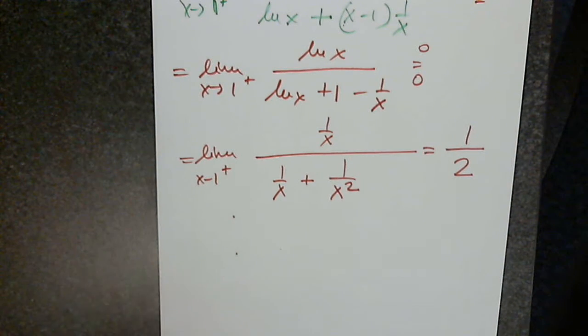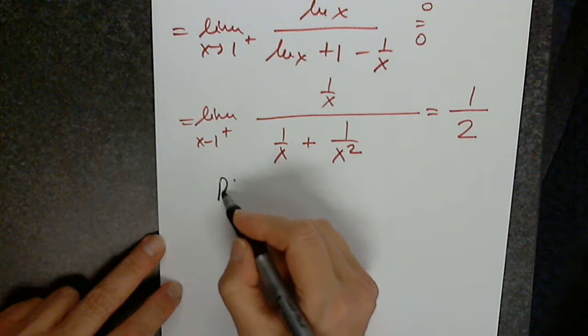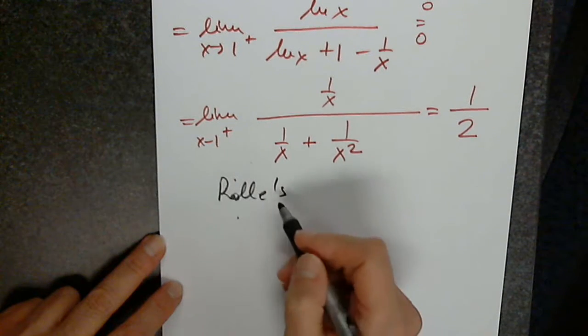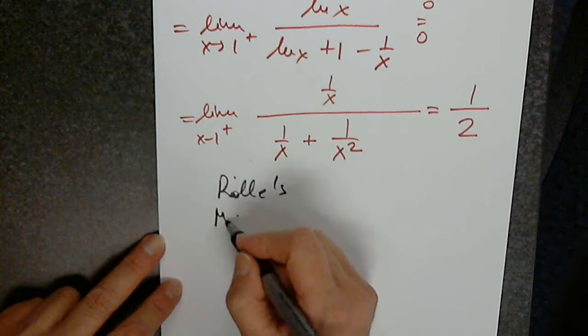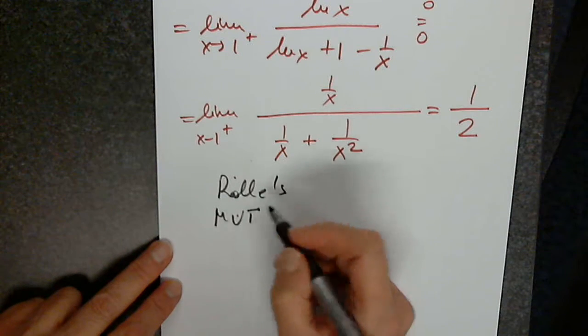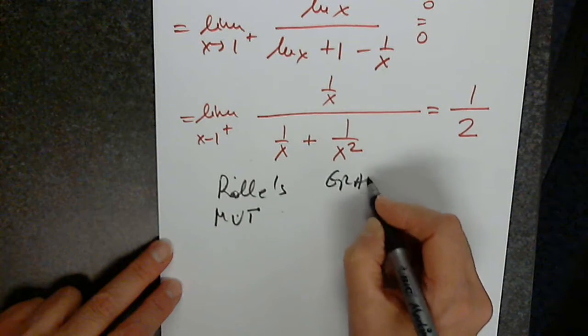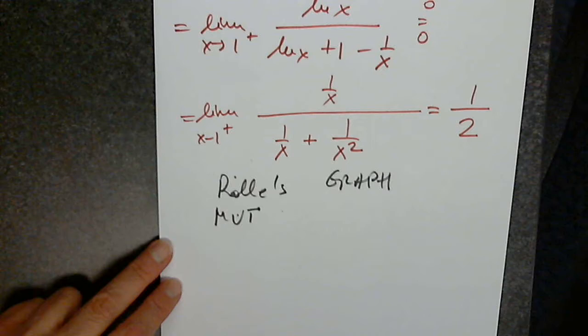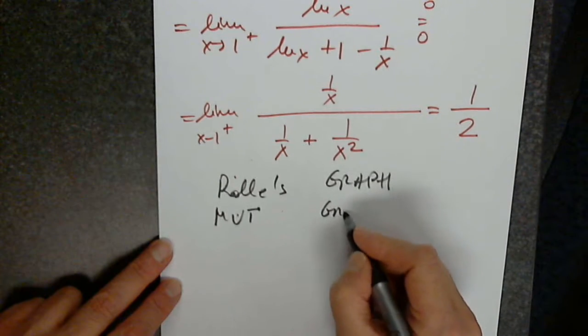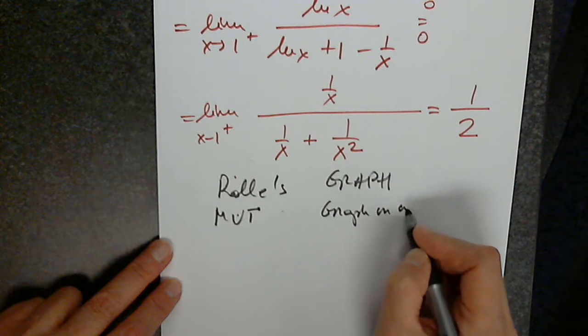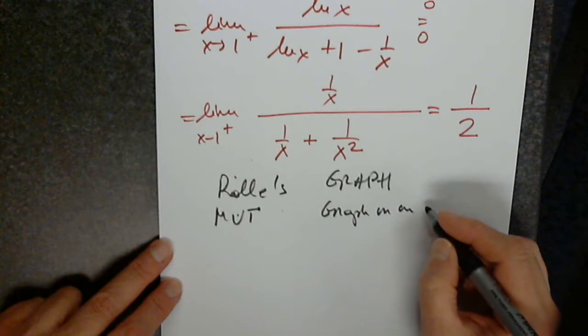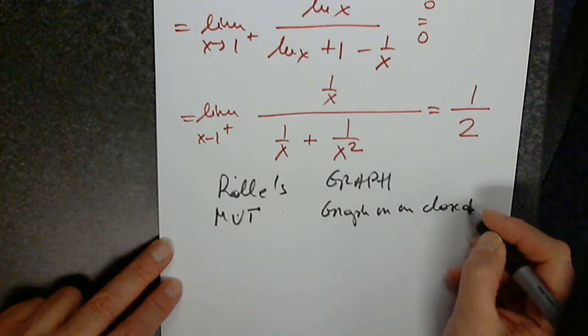So let me give you a list of topics to think about and look back at. Of course, Rolle's theorem, the mean value theorem, of course graphing, the whole thing. Also graphing on an interval, as we just did, on a closed interval.